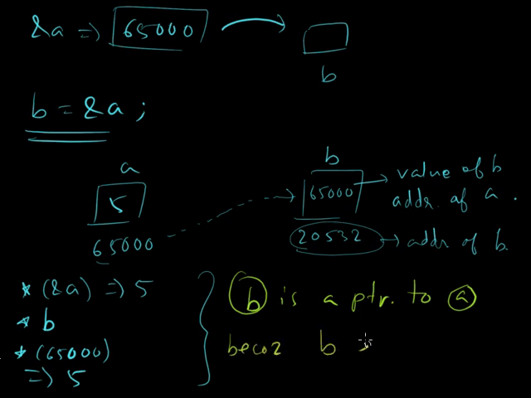Because B stores address of A. Any pointer stores address of some other variable. You have to remember this, that if it's a pointer, it must be storing an address. Pointer is nothing but a normal variable which stores an address. That is, it points to some value at an address.